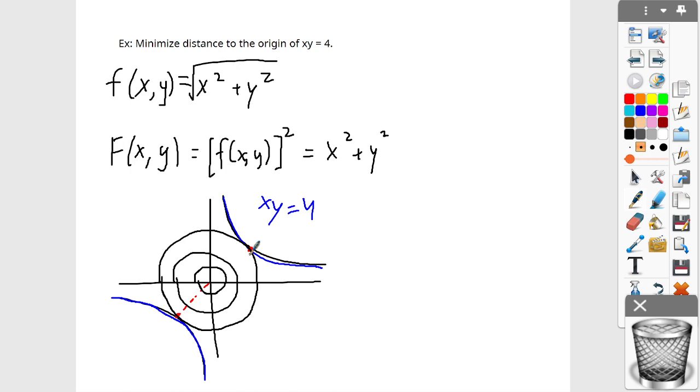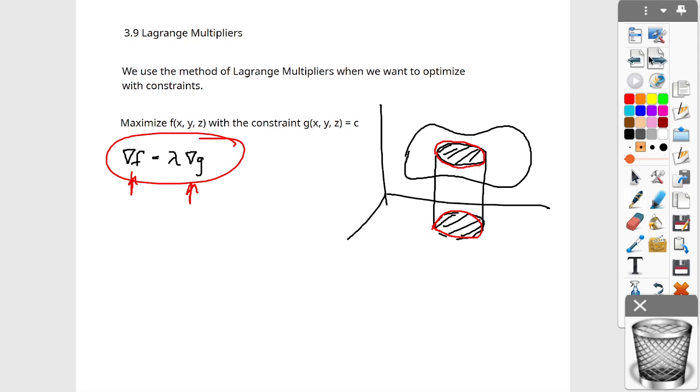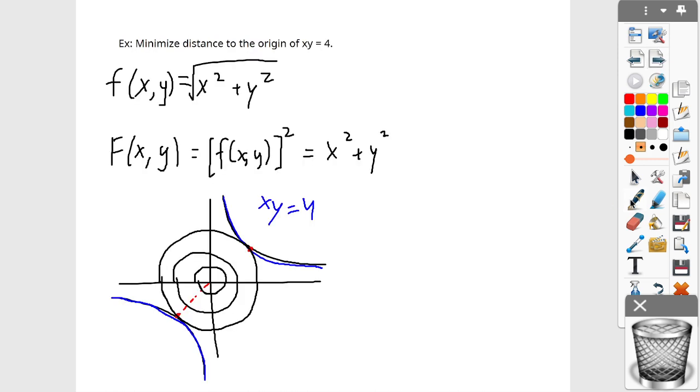Why does it have to be tangent? For this equation to work, it has to be tangent. But why? Well, if we take the tangent plane analogy, or the directional derivative analogy, when you move tangent to a level curve, your directional derivative is always 0.